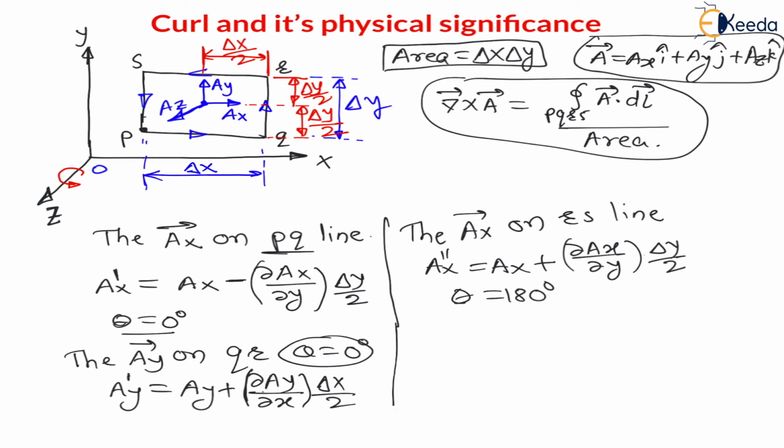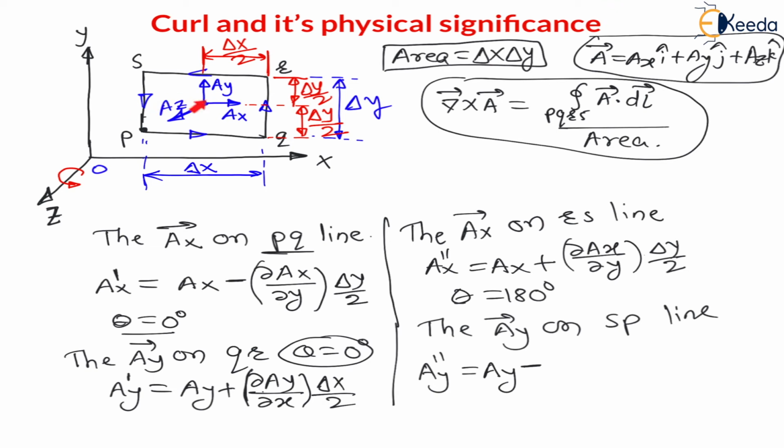Second case, let us understand the Ay on the SP line, right? Now, my dear students, Ay double dash, let us say Ay double dash on SP line, right? Later all these values are very much required. On the SP line, we are going towards negative x-axis, therefore definitely it will be less than Ay, therefore we have to write Ay minus, but what is the change?